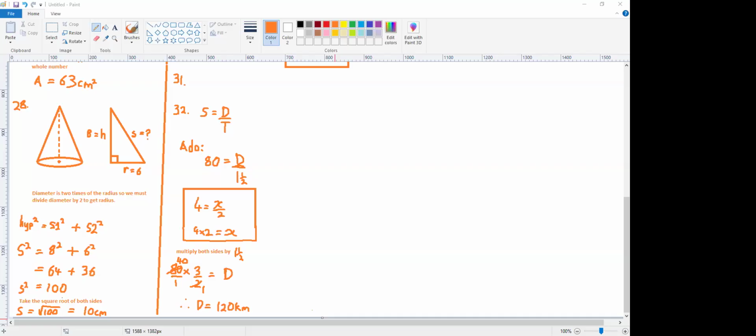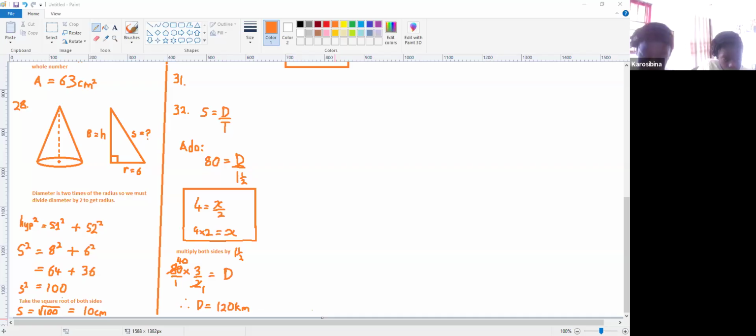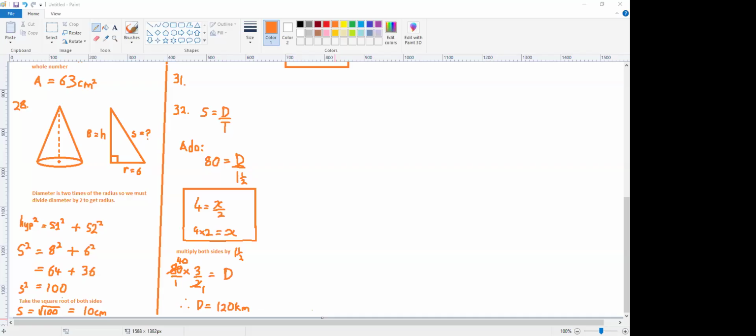Okay. 40 times 2, 2000. Therefore d equals 20 km. Okay, is it 20 or 120?